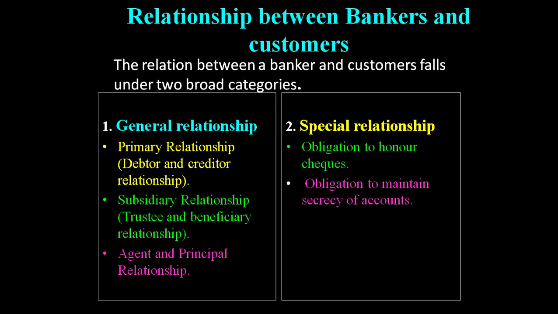No one can get the details of a bank account without the permission of the bank account holder. That secrecy is maintained by the banks. That is the special relationship the bankers have with the customers. So these are the very important general relationship as well as special relationship.